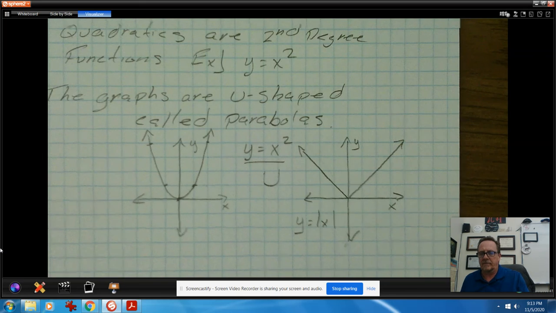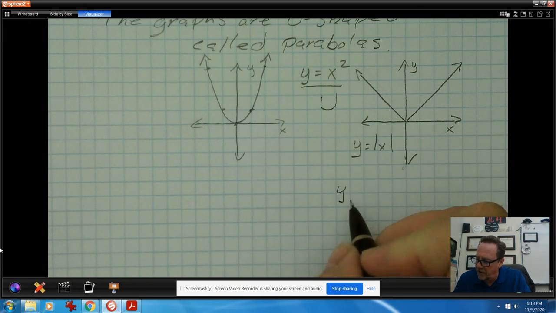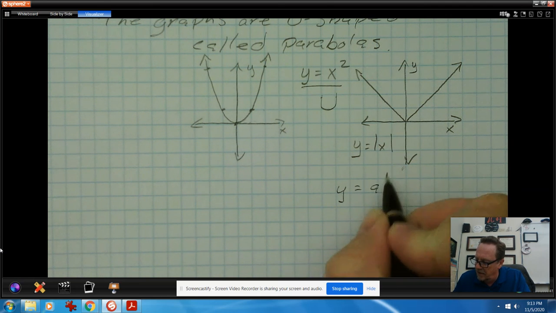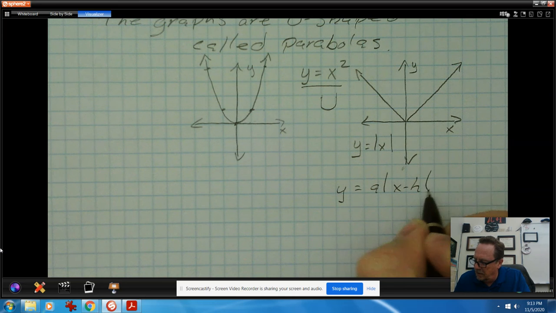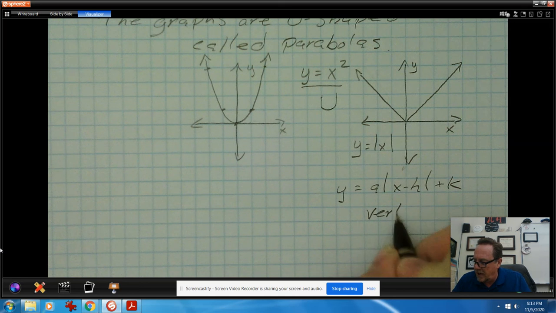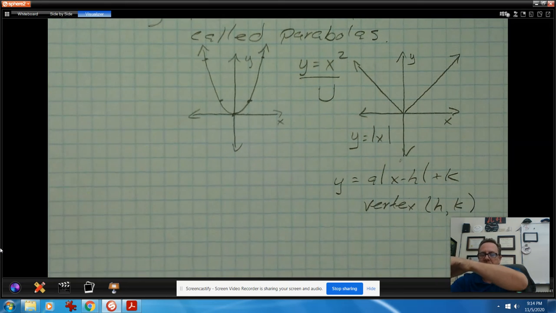In fact, the last time we looked at these V-shaped absolute value functions, we said that this was the vertex form of that equation. We said that the vertex was at (h, k). That's all still true.